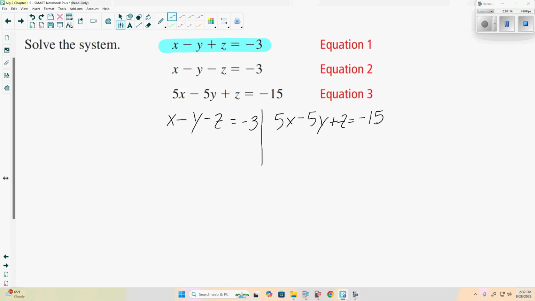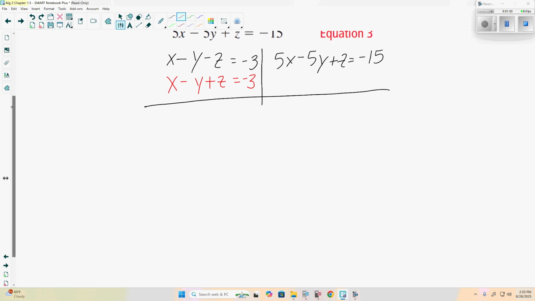We'll write the other 2 underneath it. We'll just write them down, because we're going to eliminate x out of these 2 equations. Now for the one on the left, x is already the same. We have 1x and 1x. We don't have to do anything to it to make it be like the other 2.